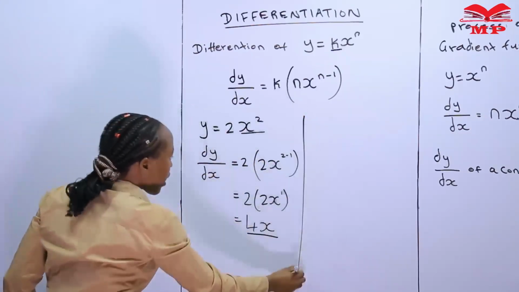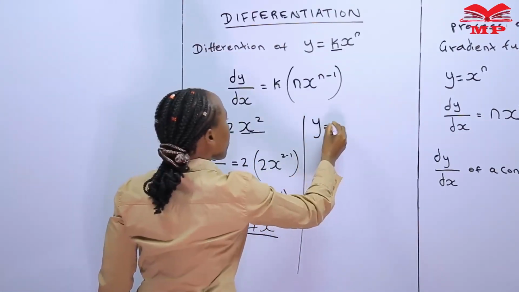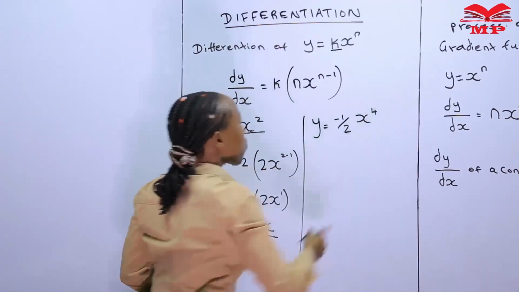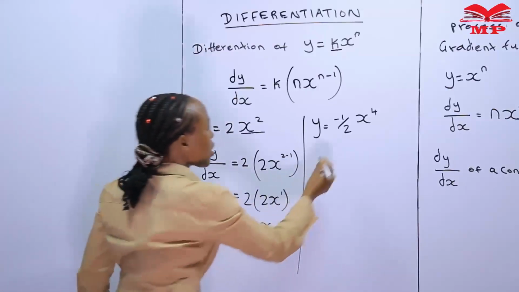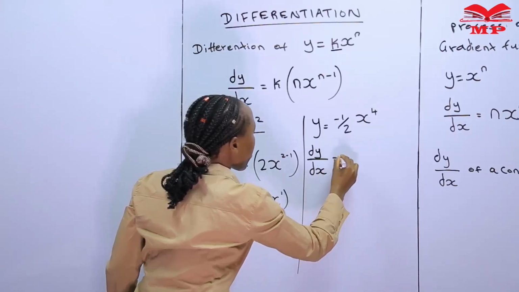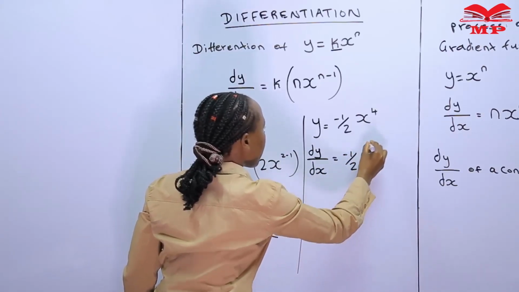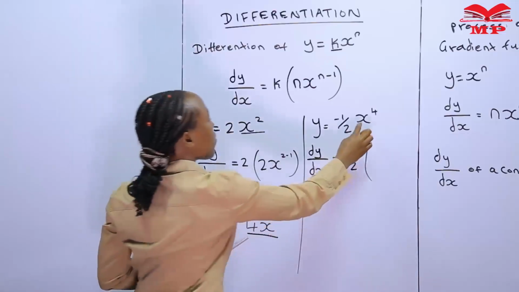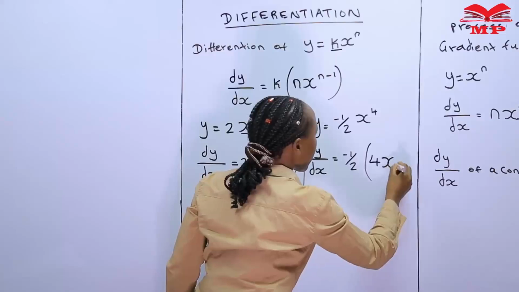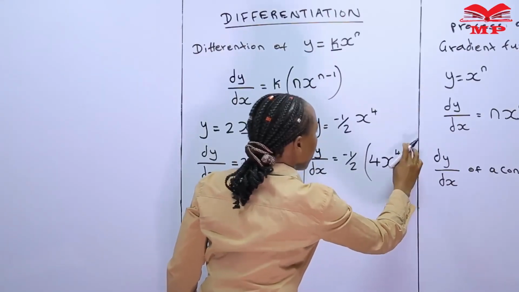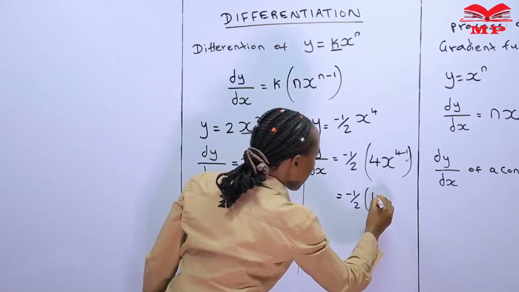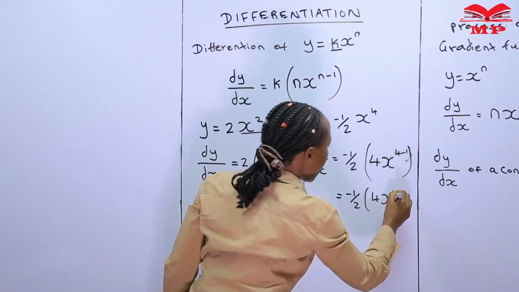Again, if we have another one whereby y is equal to negative a half x raised to power 4, we follow the same. Our constant here is negative a half, and therefore our dy all over dx will be, we have our constant negative a half, and then we find the derivative of x raised to power 4, which is 4x^(4-1). So negative a half, we multiply by 4x raised to power 4 minus 1, that is 3.